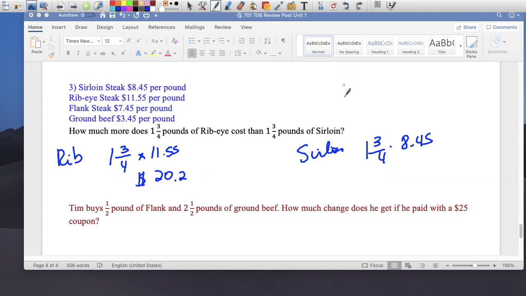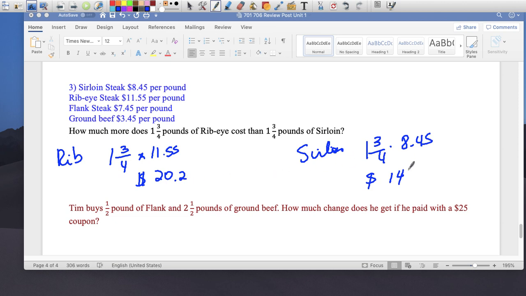Okay, the sirloin is going to cost us $14. Did I just do this? I did something wrong here. The ribeye is 11.55.